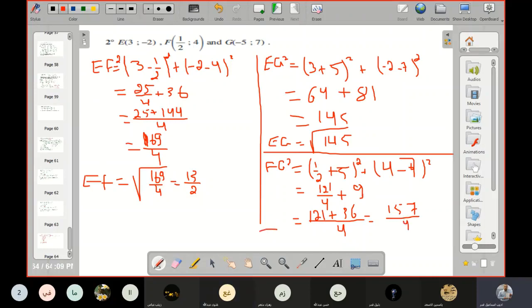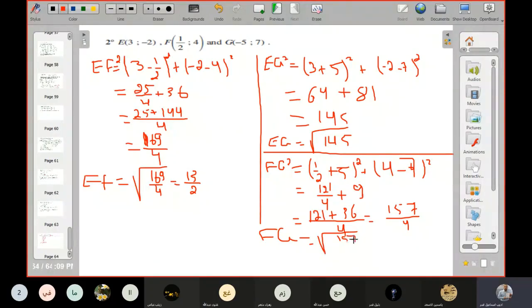And FG equals radical 157 over 4, which equals radical 157 over 2.